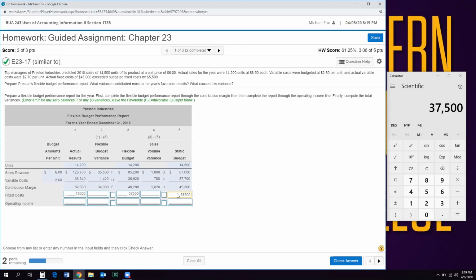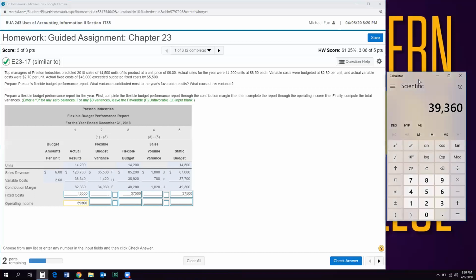All right. So now we'll find our operating income, which is just our contribution margin minus our fixed costs for each of the items. So 82,360 minus 43,000. So 39,360 is our operating income. Actual results.